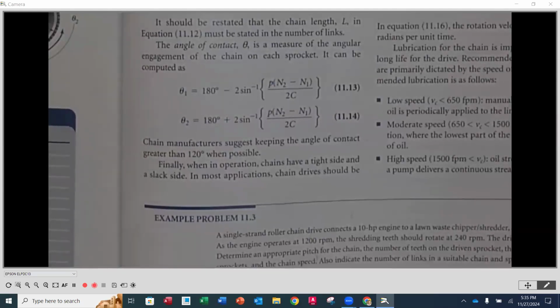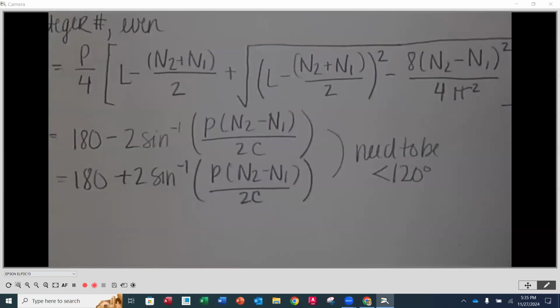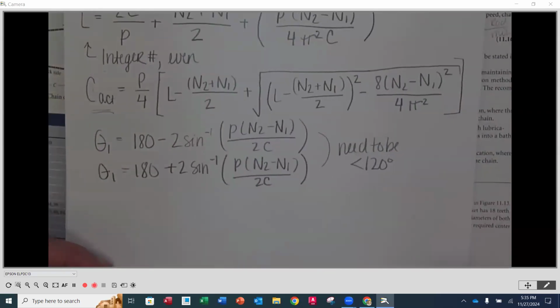Okay. And then I just put a little note on the side here: need to be greater than 120 degrees.